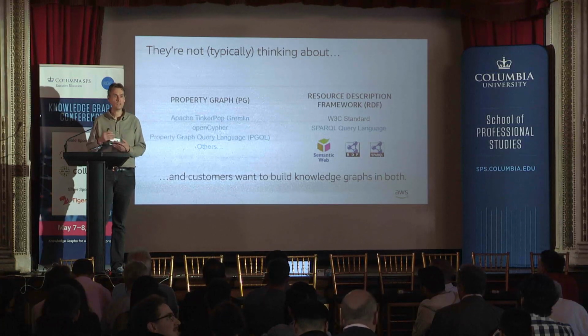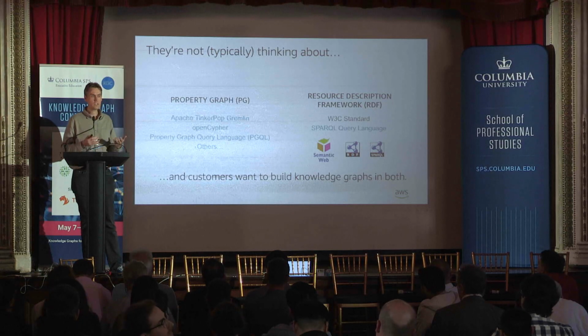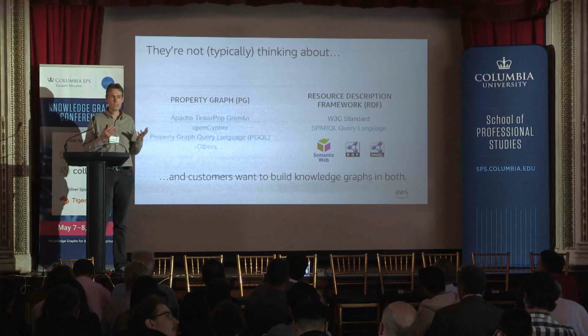What level of semantics do you want? At Amazon in general, we talk about one-way door and two-way door choices. And you need to understand the technologies enough to understand, are you limiting something you can do in the future? But at the end of the day, if you want to build a property graph knowledge graph, or if you want to build an RDF knowledge graph, we want to give you the right tools to help you do that and do it in the best possible way.